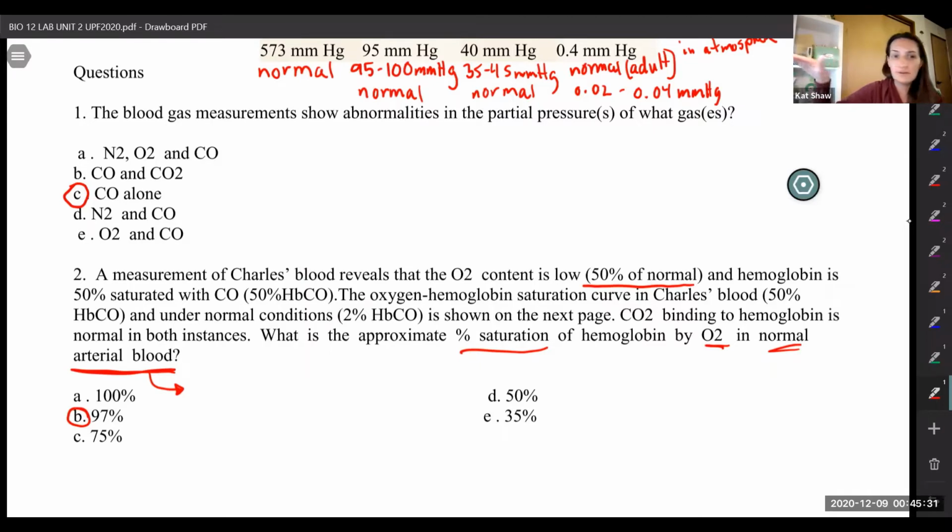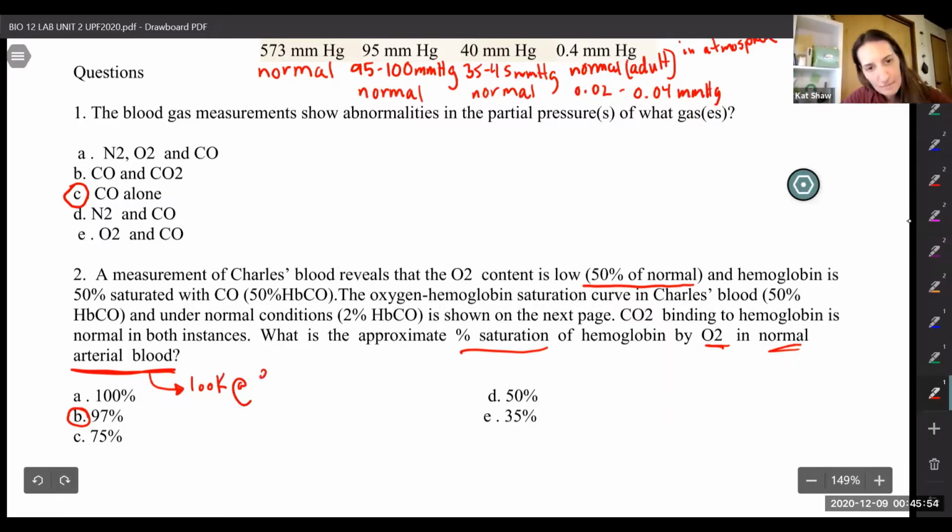And Nicole is also answering the same question in a different way, but it's showing us the same point here, that top curve doesn't quite reach 100 when we actually look at it, right? We don't go all the way up to 100%. We stop at about 97%. So just to note here that what you want to do is look at the percent saturation at 100 millimeters of mercury or close to that if we're talking about the arterial blood.